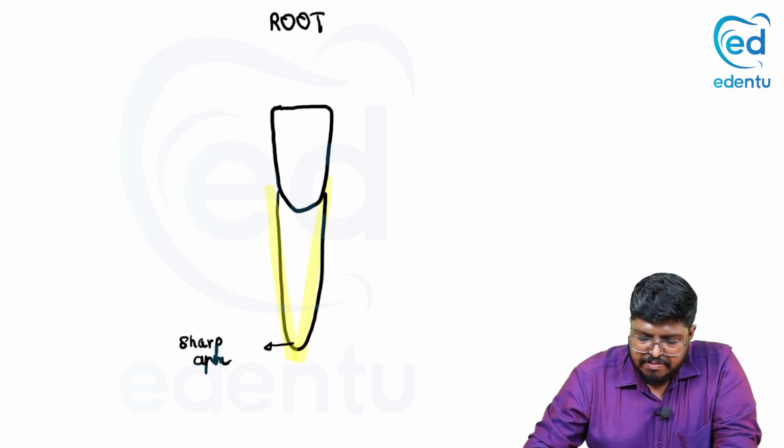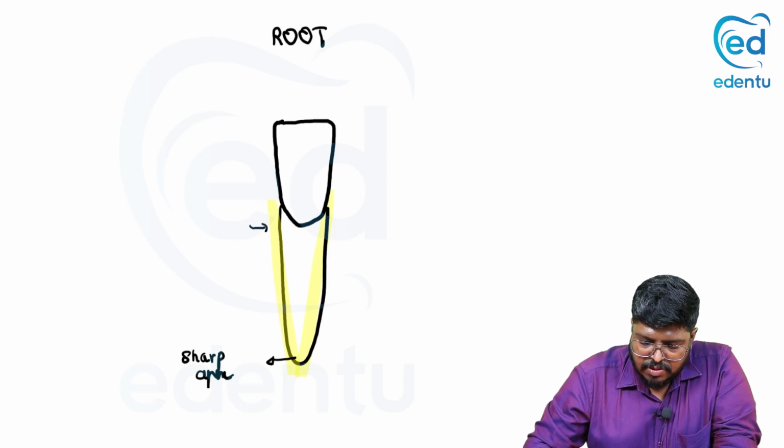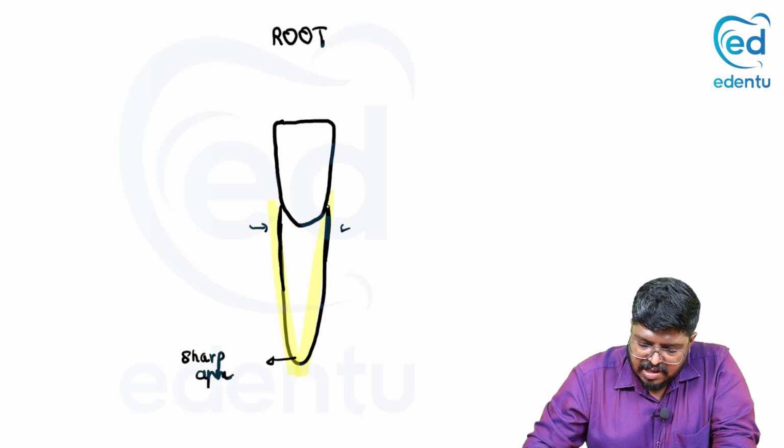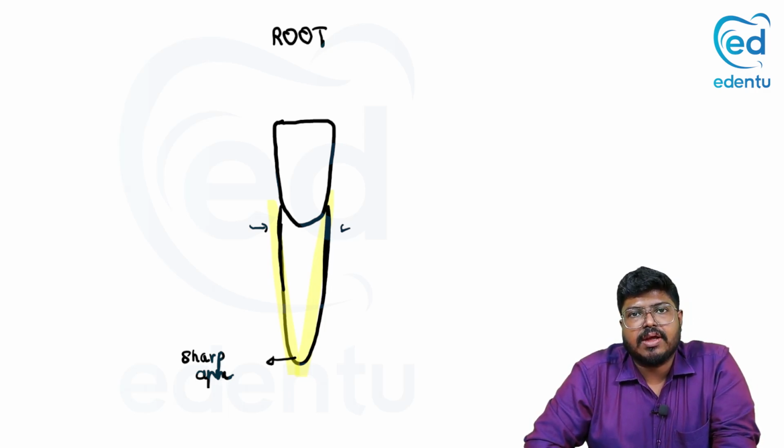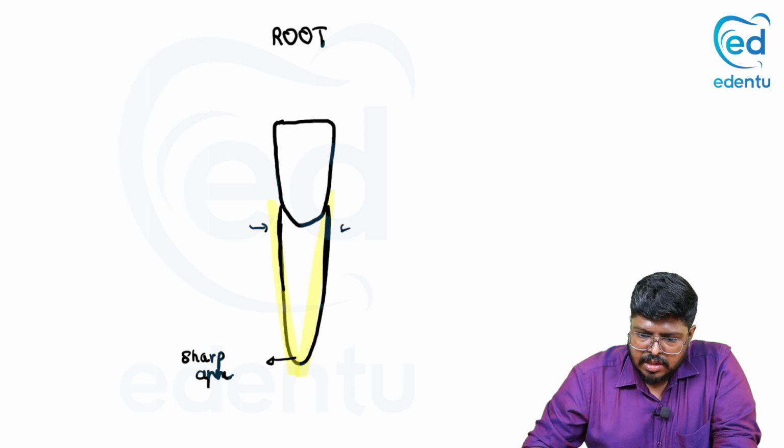Therefore, from the mesial and the distal aspect, if you look at the root, you're going to see a slight convexity cervico-apically, and even that is symmetrical on both sides.